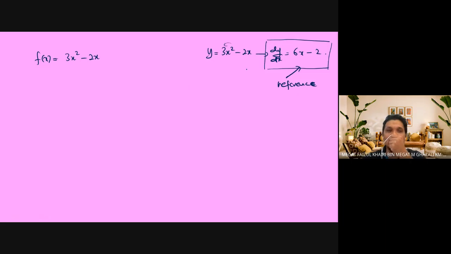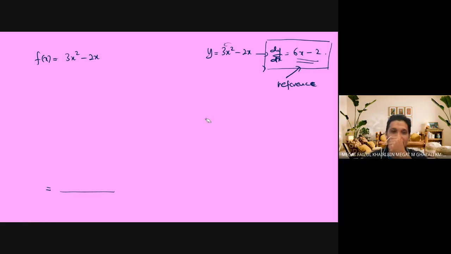Reference because we are going to come up with an operation of first principle, so our final answer must be exactly the same as this. If this one is quite or totally different from our reference here, then you may do some checking inside this working solution. You get what I mean?